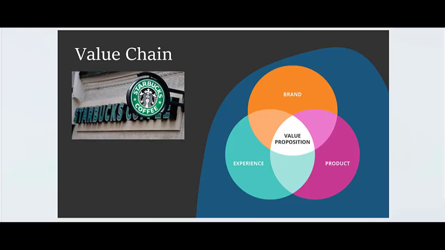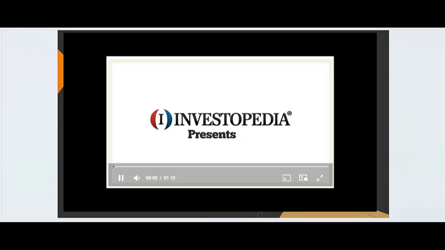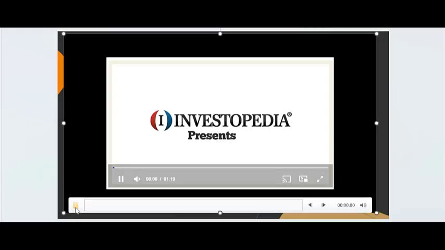So you have to think about who you're going to buy those parts from, or where you're going to get that service from to build into that end product. I picked Starbucks because we work with Biz Cafe, and so it helps carry the theme, but this is a little introduction to value chain.